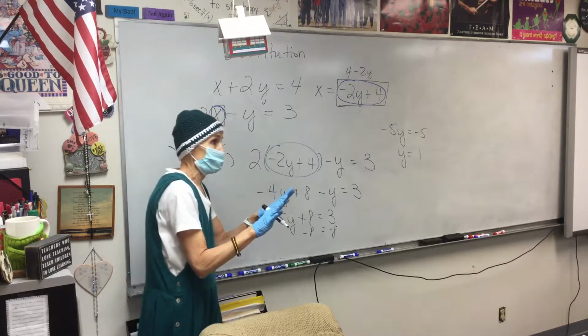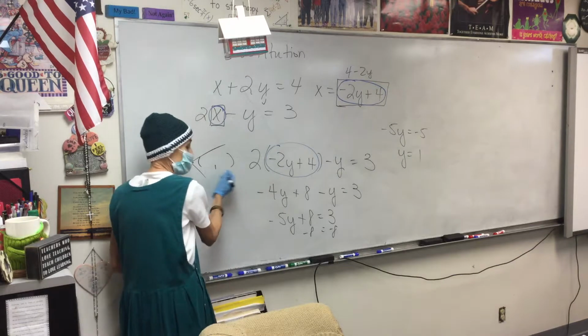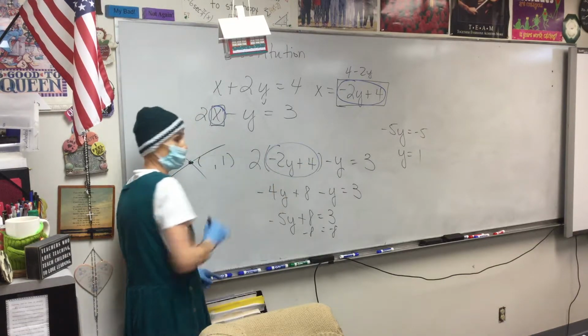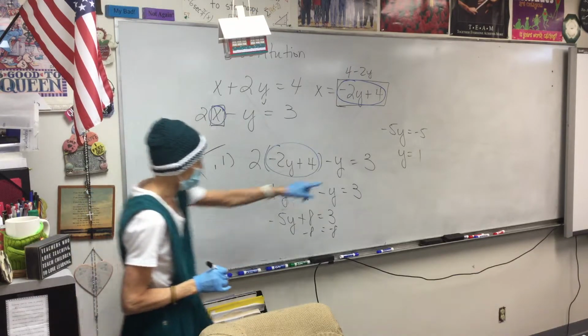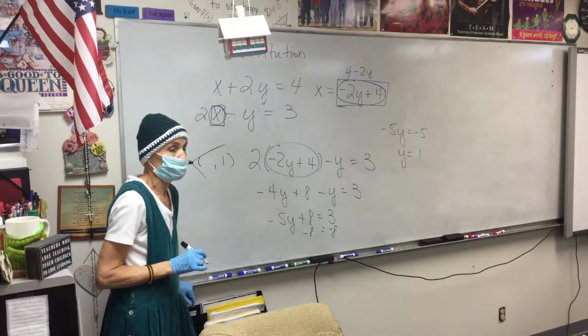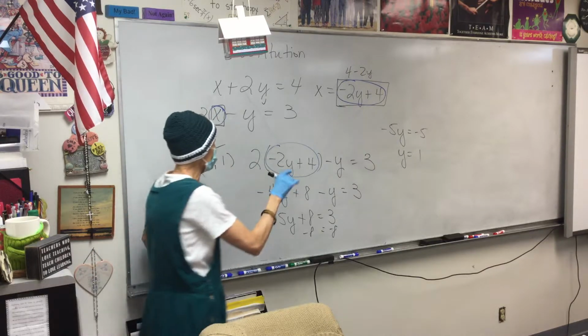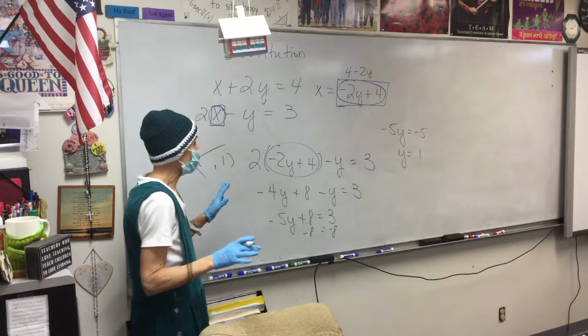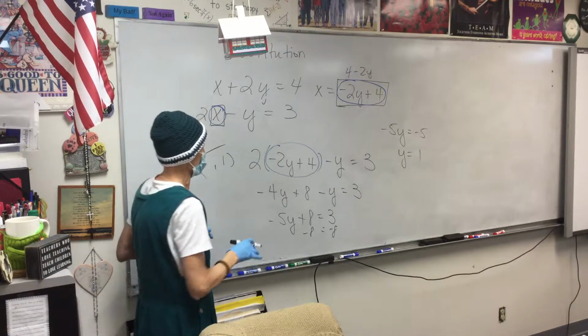Now you're not done. Remember, you're looking for a point. You know the y coordinate is 1. You figured that out. How are we going to find x? Plug in. And here's the good news. It doesn't matter where you plug it in. Plug it in wherever it flips your switch.